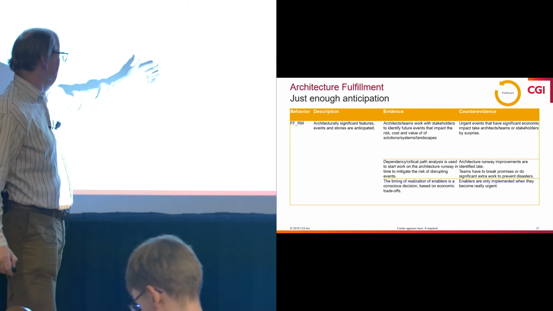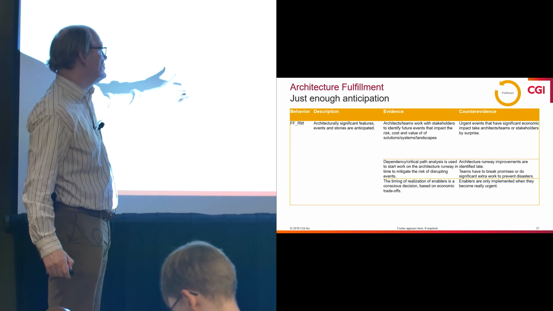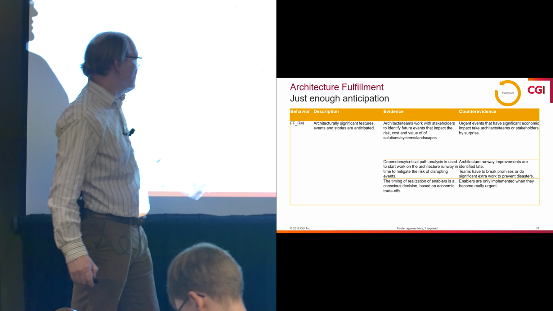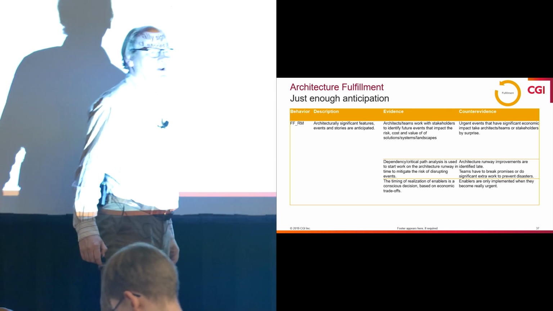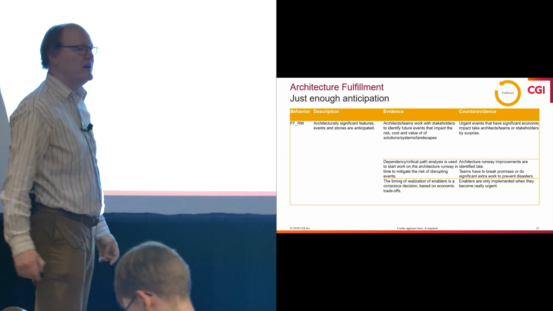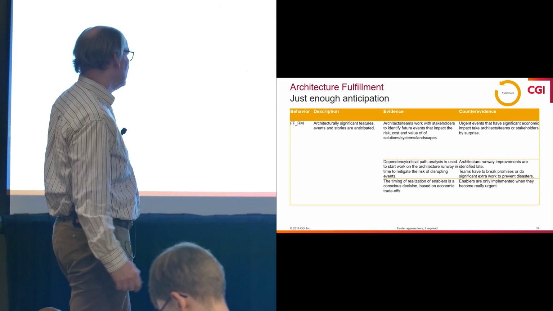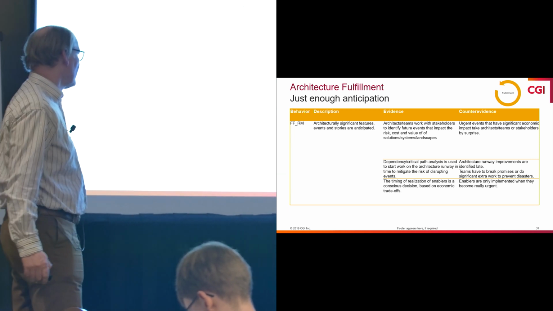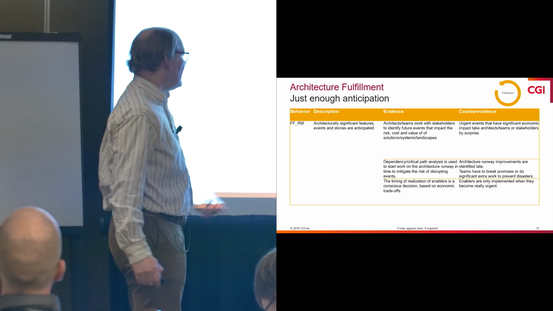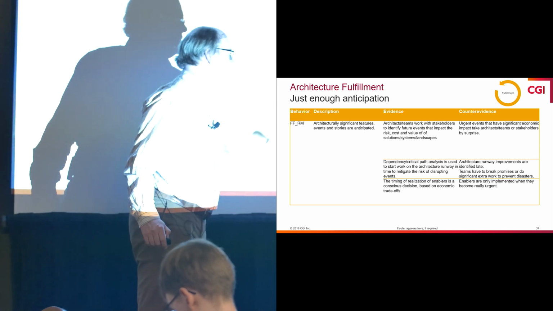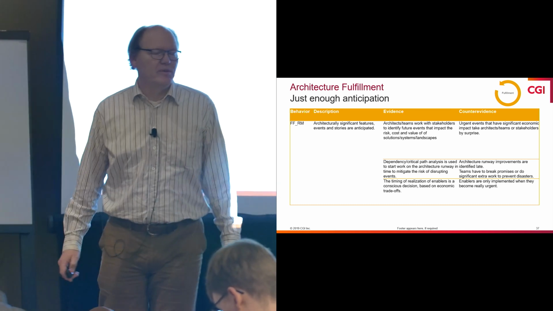We are doing well if the dependency analysis is used to start work on the architecture runway in time, and we are not doing it well if we are always too late at starting, or too early. It might also be a problem, starting with architectural work. And this timing is actually a conscious decision, rather than only implementing enablers when they become really urgent.